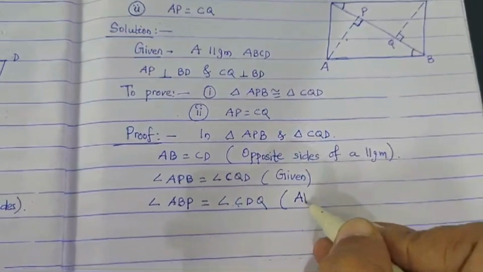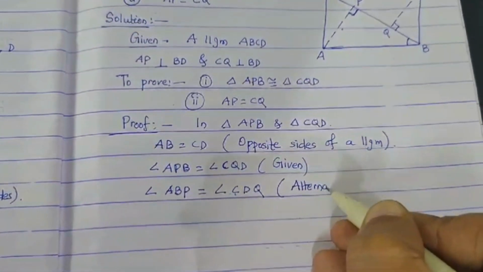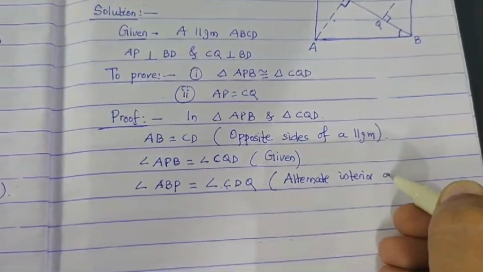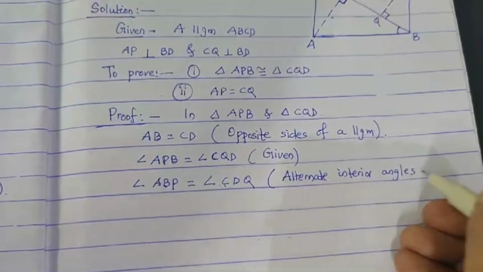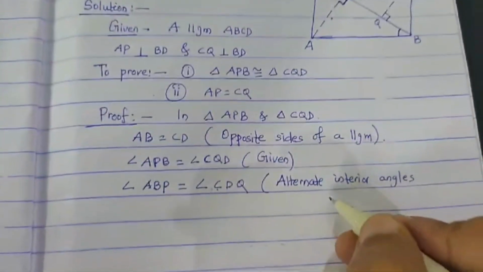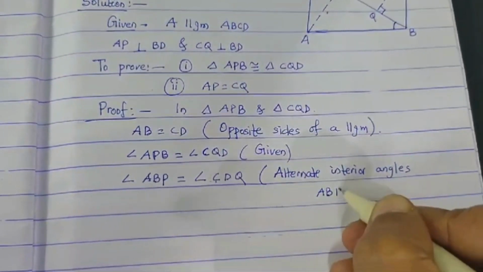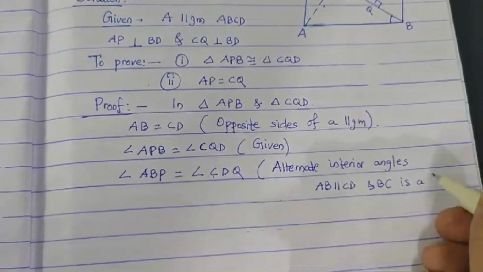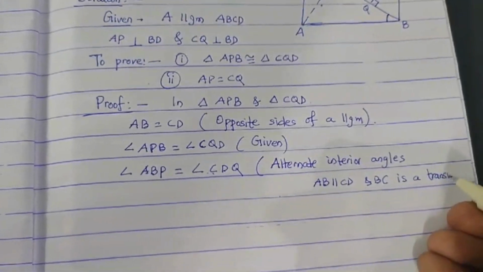These are the alternate interior angles, when AB parallel to CD and BC is a transversal.